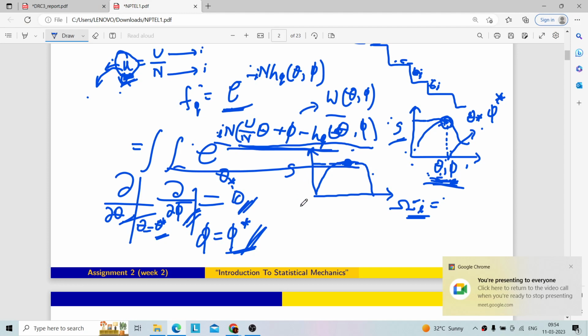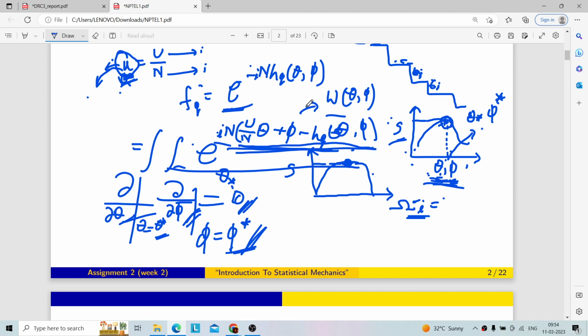Okay, so we have defined a function w, so we have to do the derivative. We have to do the derivative of this function, and we have to equate it to 0.